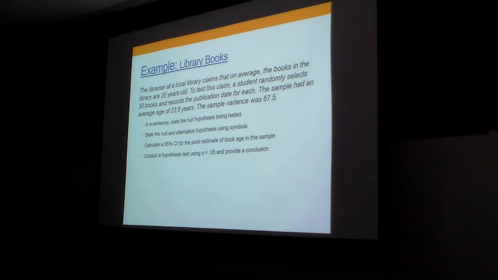Next thing we want to do is calculate a 95% confidence interval for the point estimate of book age based on this sample. So what do I need to get first, Layla, to calculate my confidence interval? What are we generating a confidence interval around?